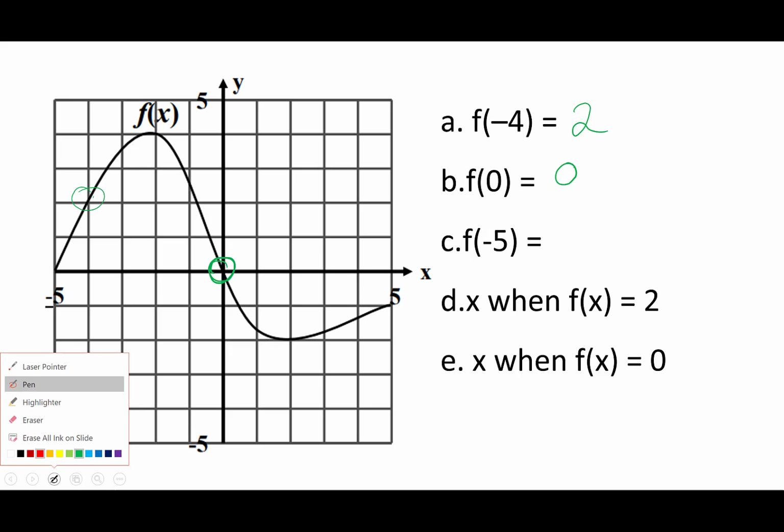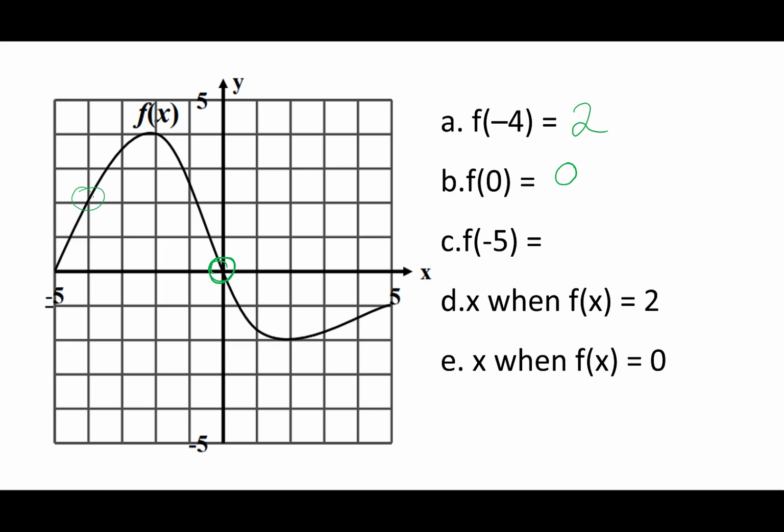Okay, we're going to look for when x is negative 5. So f of negative 5, remember, this number in here is the x. So we go all the way over to negative 5, right there, and it looks like it's 0 as well.